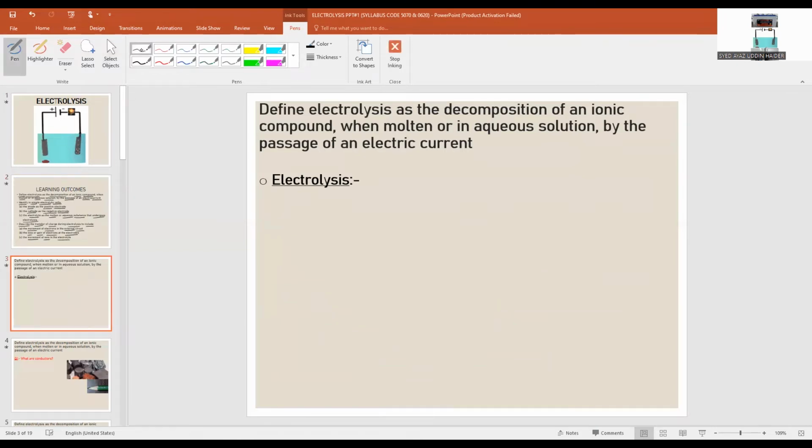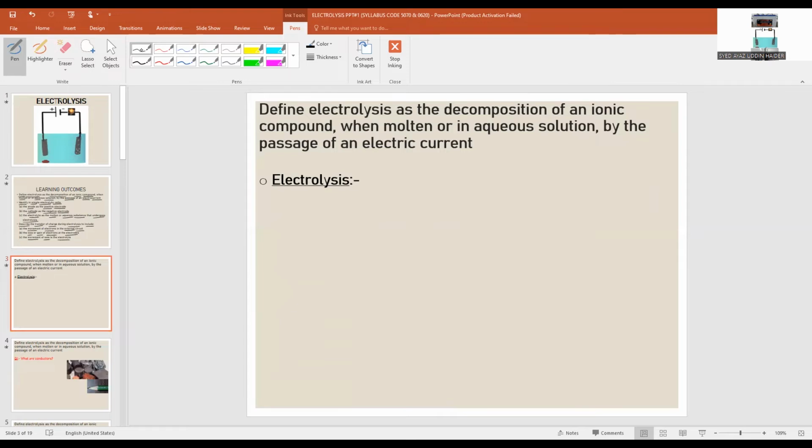Define electrolysis as the decomposition of an ionic compound when molten or in aqueous solution by the passage of an electric current. Let's begin with the definition of electrolysis. Electrolysis is the process in which, when electric current is passed through a solution of an electrolyte, dissociation or decomposition of the electrolyte takes place, or the electrolyte will break up into positive and negative ions.